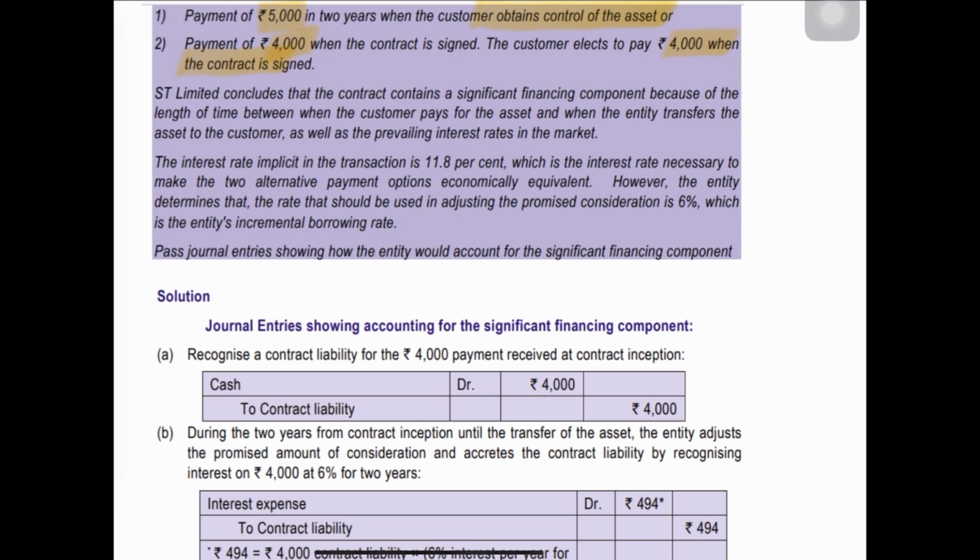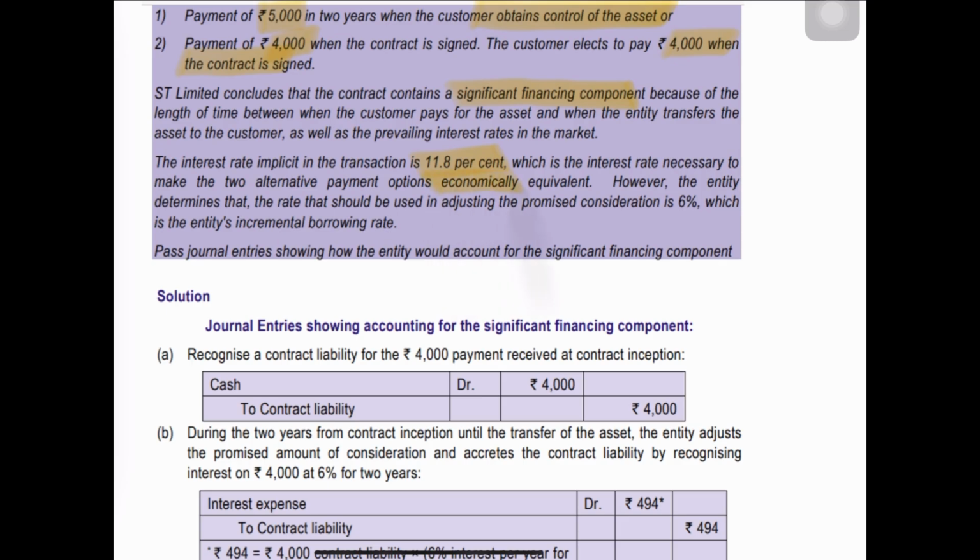So ST Limited concludes that the contract contains a significant financing component because of the length of time between when the customer pays for the asset and when the entity transfers the asset to the customer, as well as the prevailing interest rate in the market. The interest rate implicit in the transaction is 11.8%, which is the interest rate necessary to make the 2 alternative payment options economically equivalent.